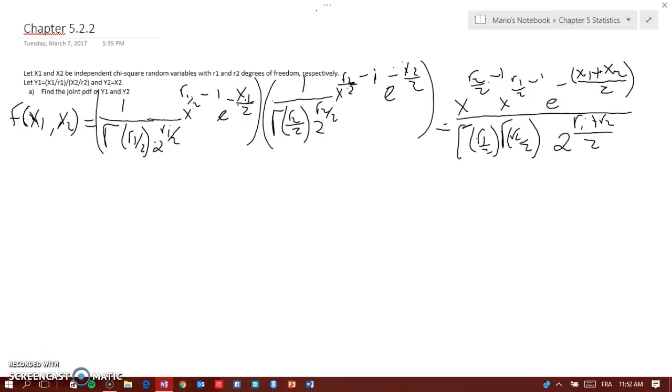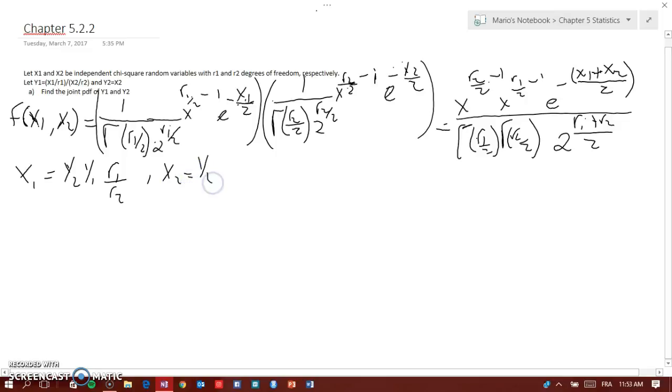Now, we need to find the Jacobian, but before we can do that, we need to find out what the other things are. So y1 is equal to x1 over R1 divided by x2 over R2, and y2 equals x2. So we can rewrite this: x1 equals y2 times y1 times R1 over R2, and x2 equals y2, which I already know.